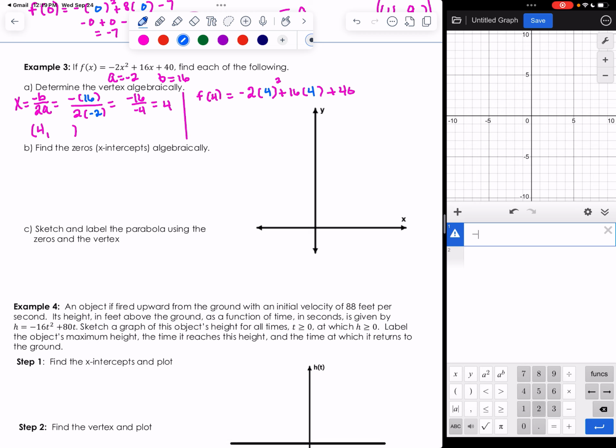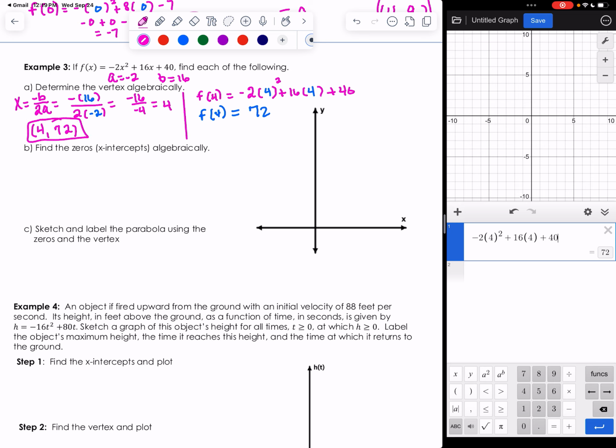I would put negative 2 and then an open parenthesis, 4 close parenthesis squared, plus 16 parenthesis 4, plus 40. So you can see our answer is fairly large here. So f of 4 is equal to 72. So I know the vertex of this function is going to be at 4 comma 72.